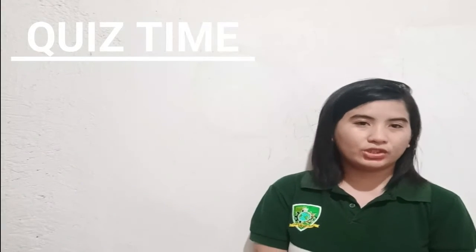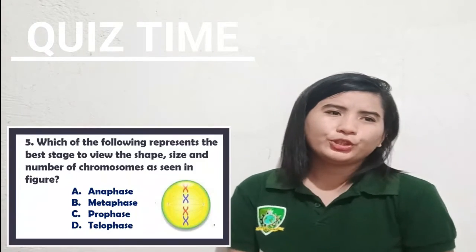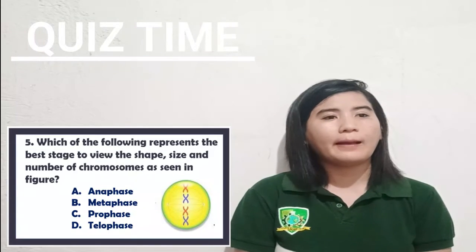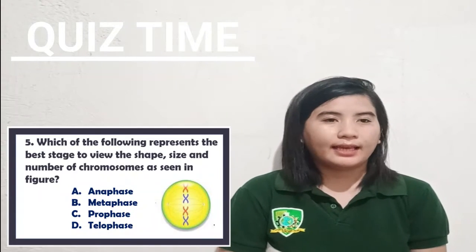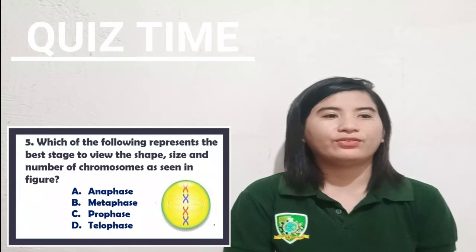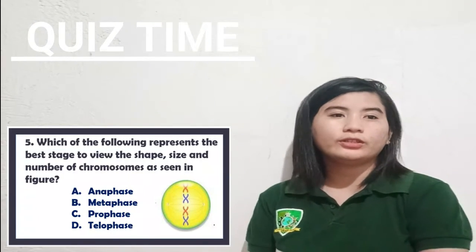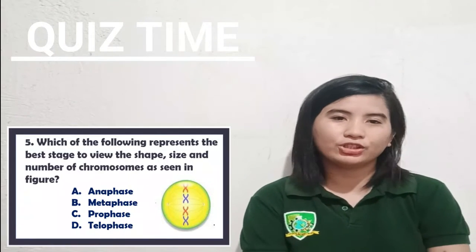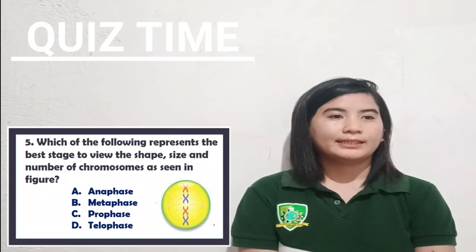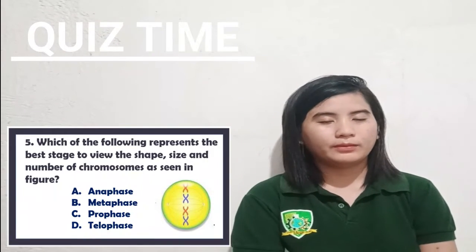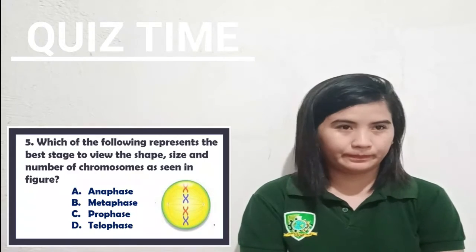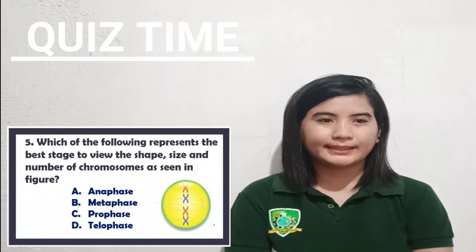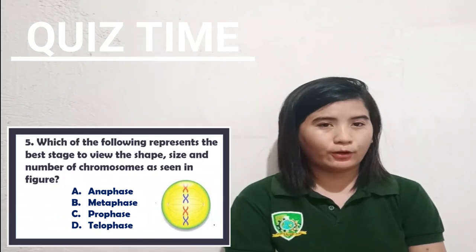Next question. Which of the following represents the best stage to view the shape, size, and number of chromosomes as seen in the figure? A, anaphase. B, metaphase. C, prophase. D, telophase.